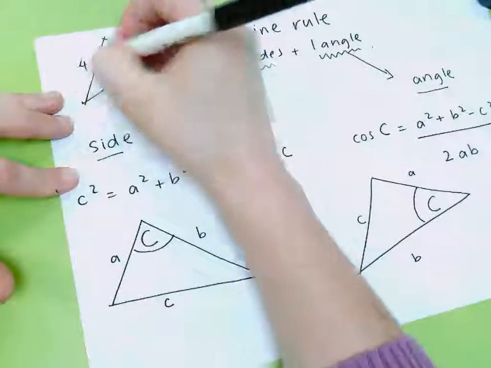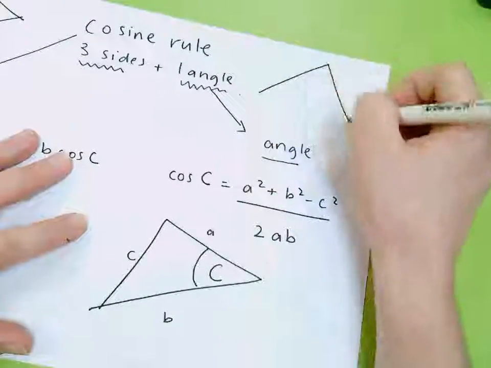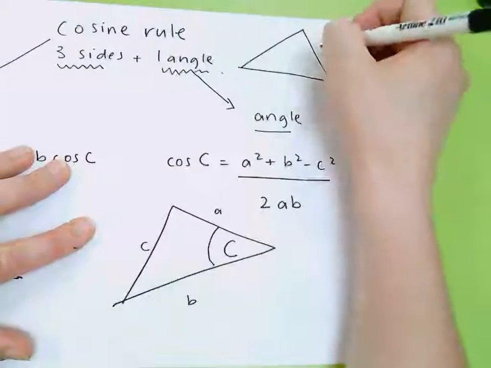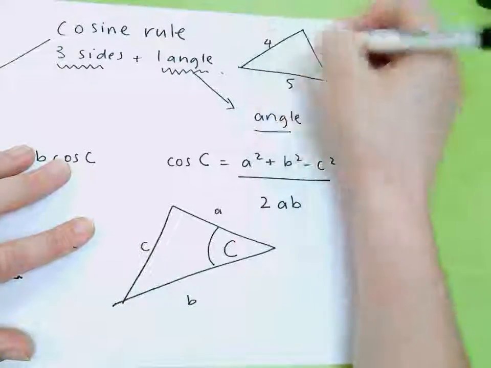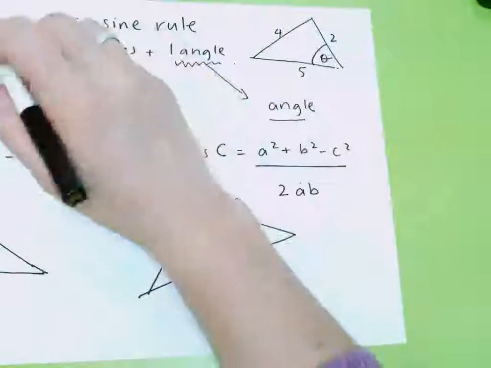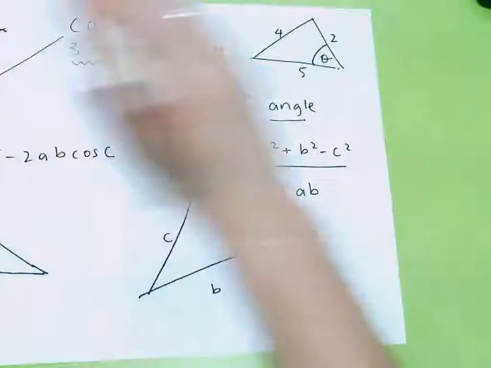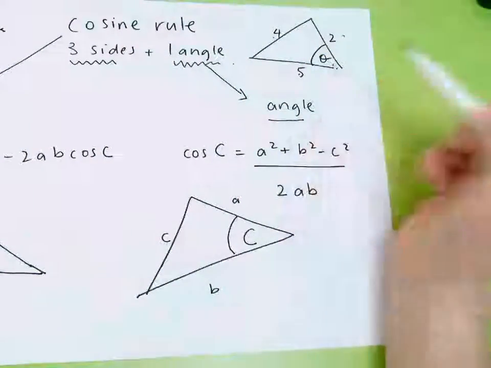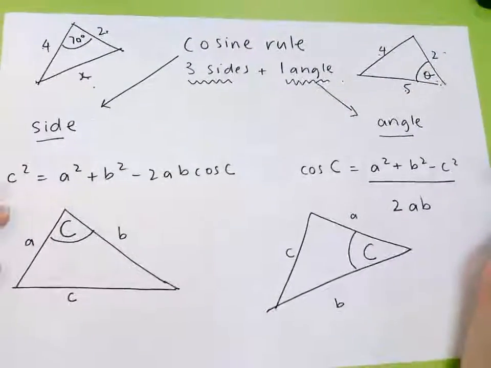So 1, 2, 3 sides and one angle. Or over here, we're given three sides, and in this case, asked to work out the angle. So in both cases, 1, 2, 3 sides and one angle. That's when we're going to use the cosine rule.